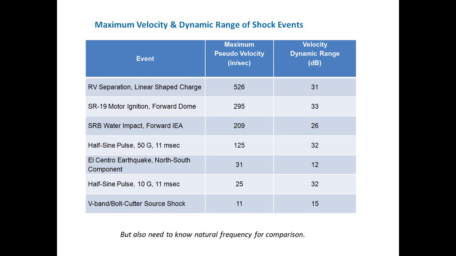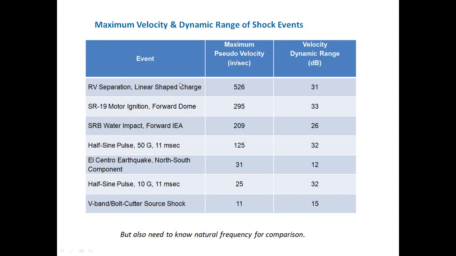And then we just make a scale factor between those two values. The formula would be delta dB equals 20 times log base 10 of the ratio of the maximum to minimum SRS velocity values. So that's dynamic range. And here's the maximum pseudo-velocity.